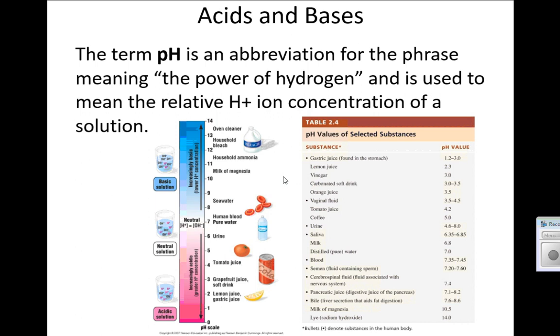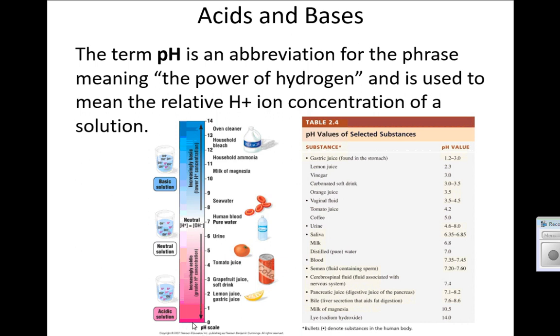pH is short for power of hydrogen. It is a logarithmic mathematical scale that you'll never have to do any calculating with, but you could. It refers to the relative amount of hydrogen ion that's in the solution. You will need to know from 0 to 14 what numbers actually mean with regard to if something is an acid, a base, or a neutral.